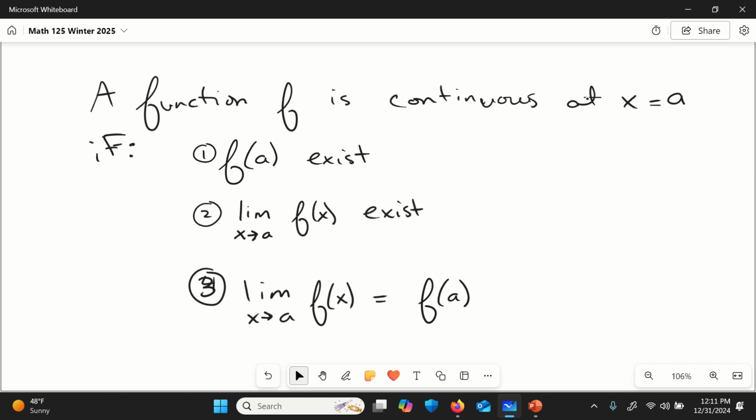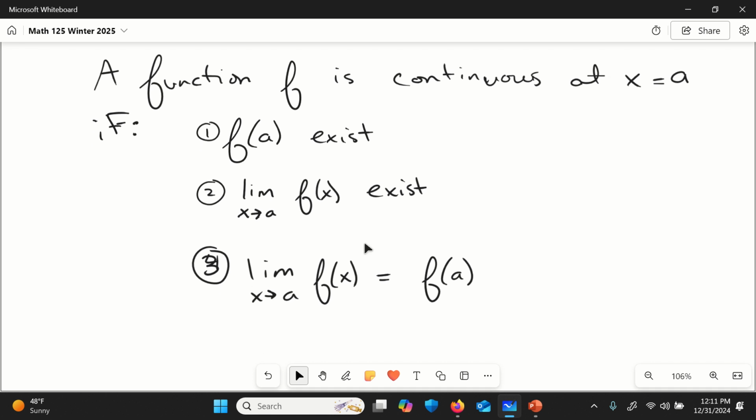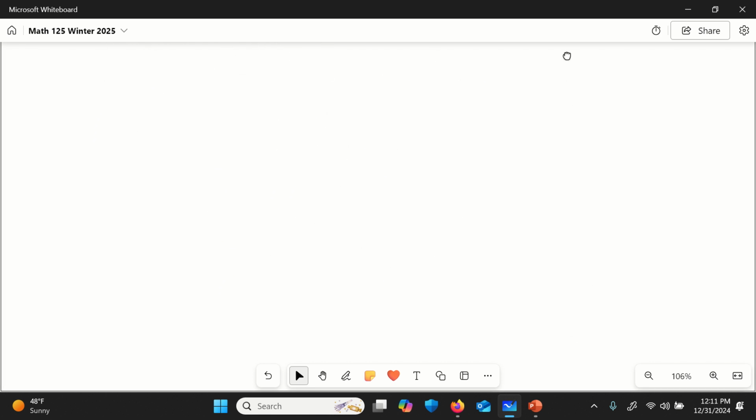Furthermore, if the value you're interested in is an endpoint, we can define continuity at the endpoint if we allow for a one-sided limit rather than the two-sided limit. So we'll see if we get into an example like that. All right, so let's look to check these three things on some particular functions.